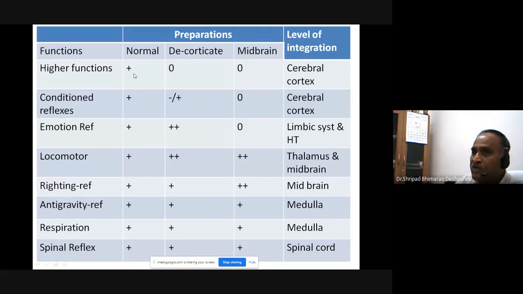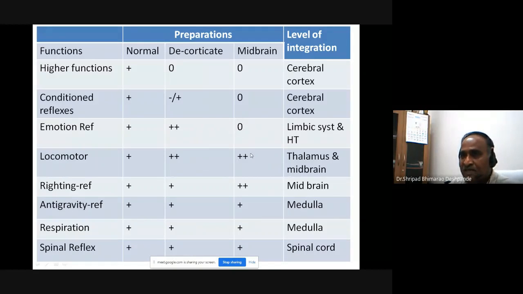I will not enumerate what those higher functions are. He will not be able to perform the higher functions, and the conditioned reflexes are lost. Emotional responses are lost, because the limbic system and hypothalamus are also lost. Sometimes the hypothalamus may remain intact, and in that case he may have very peculiar emotional components. But anyway, emotional responses are lost.